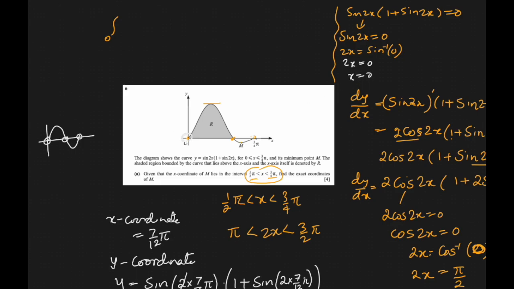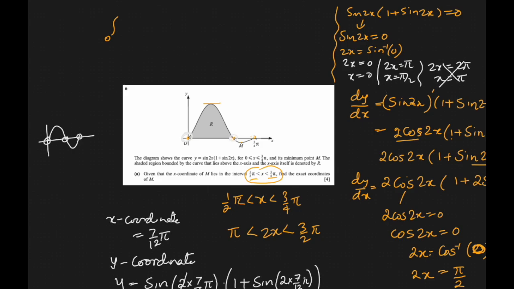Second, 2x equal to pi, so x equal to pi by 2, that is our second. And third, 2x equal to 2 pi, so x equal to pi, which is beyond this, so we cannot look at this.